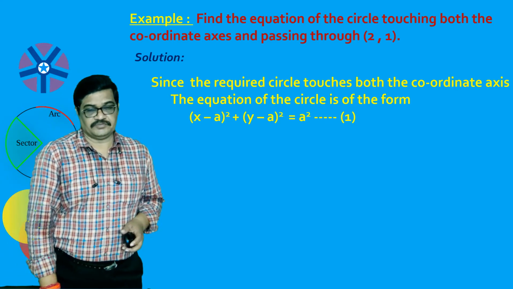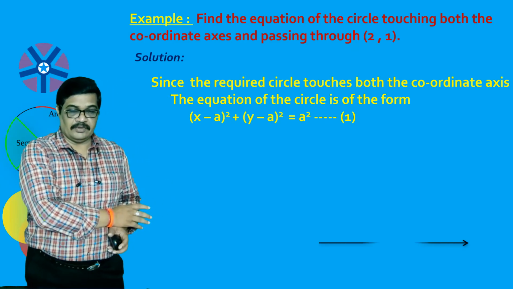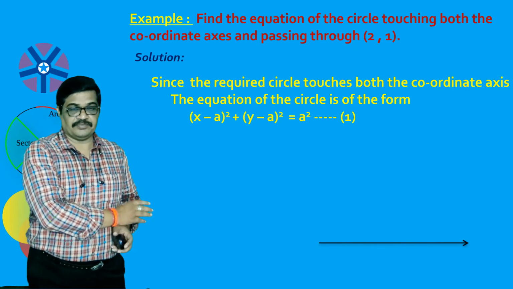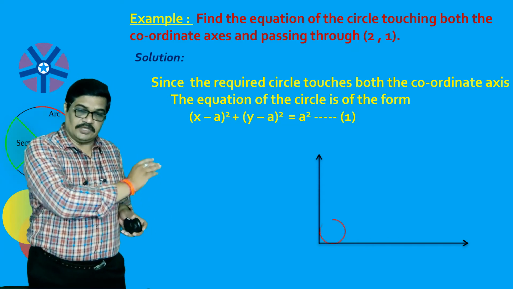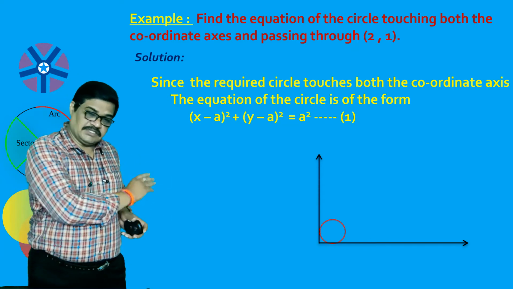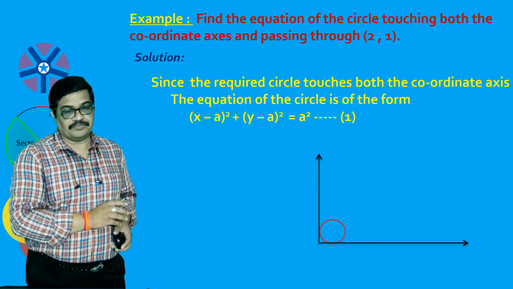See the diagram. This is the x-axis and this is the y-axis. This is a circle passing through the point (2, 1) and touching both the coordinate axes.